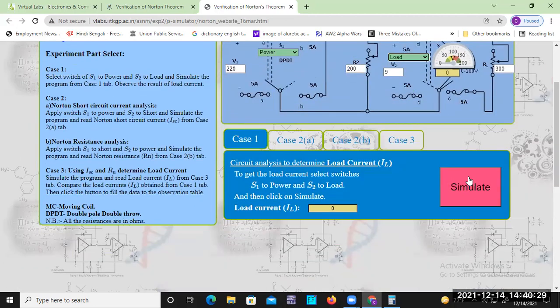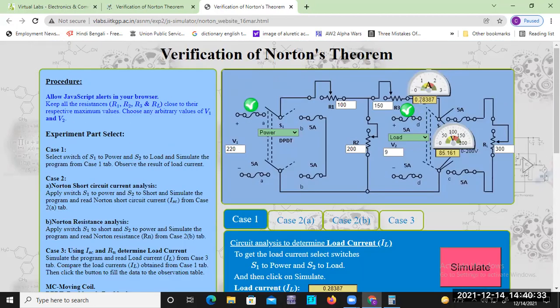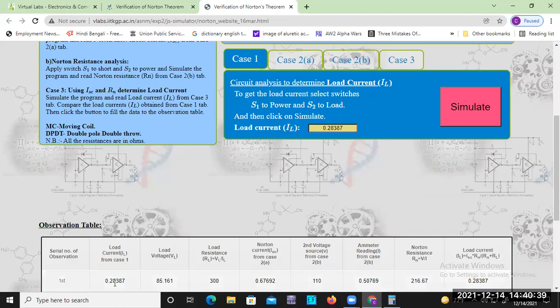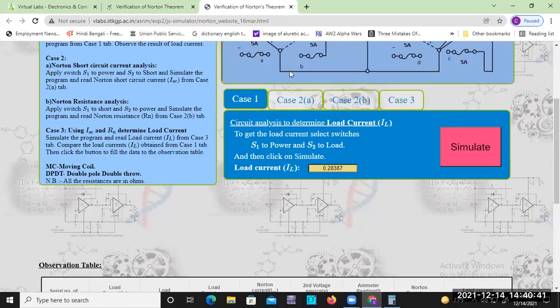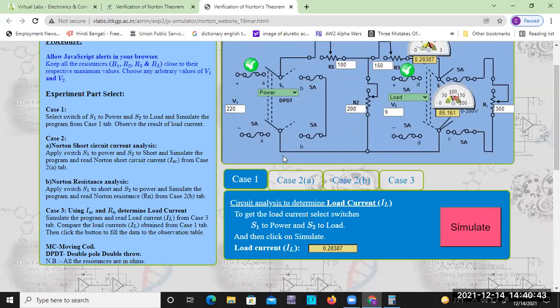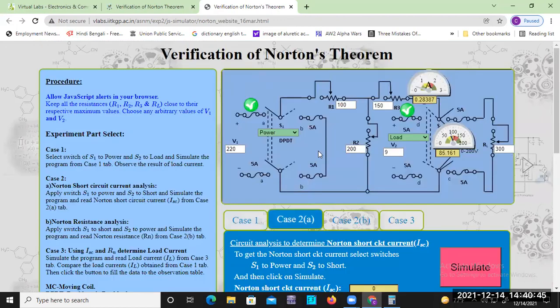Once I simulate it, you can get 28387. Just like your previous first case, 28387, because your voltage source is actually this. Second case, we have to measure the short circuit current, just power, and we have to short this.